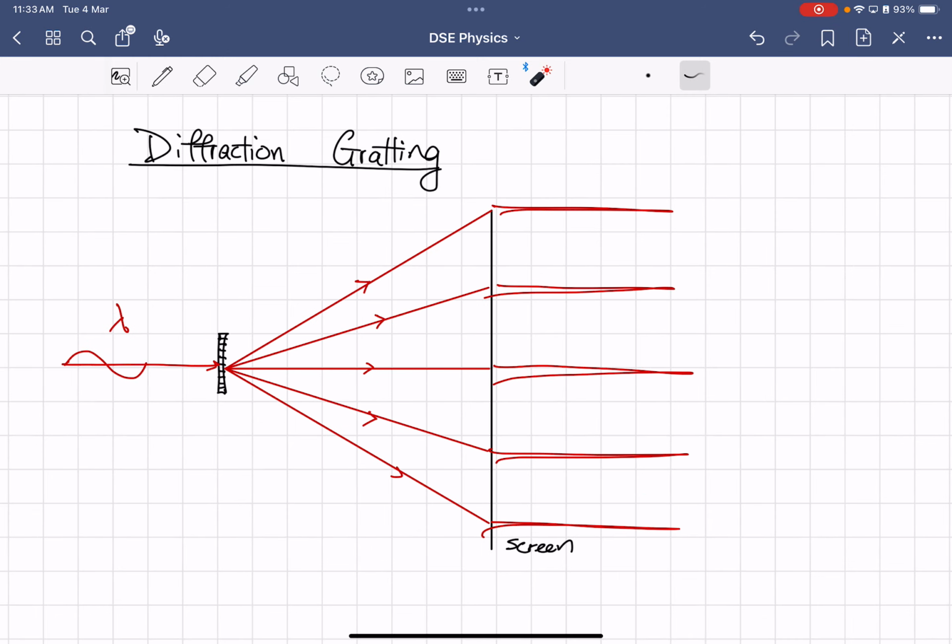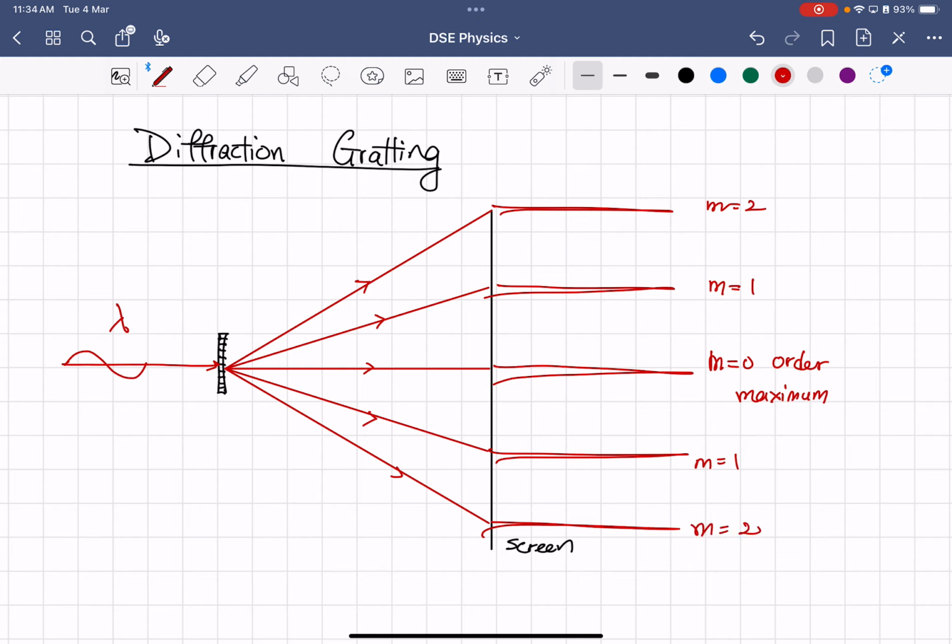You just see a very bright dot there. Because of that, we call it an order. This will be m equals 0, the 0th order maximum. And on the other side will be the first order, second order, etc. So m is the order in the question.